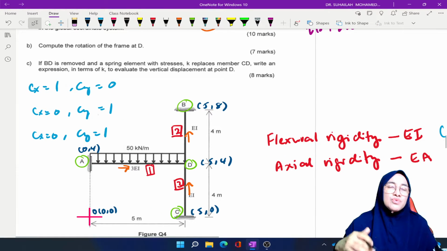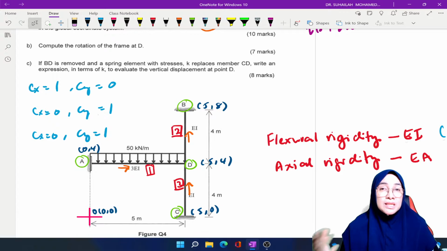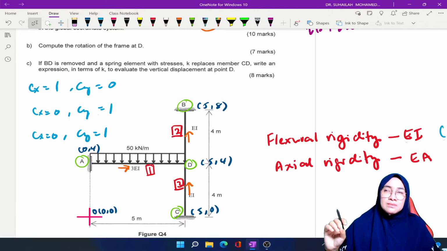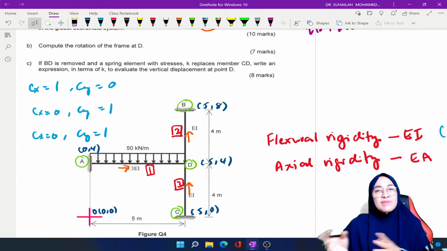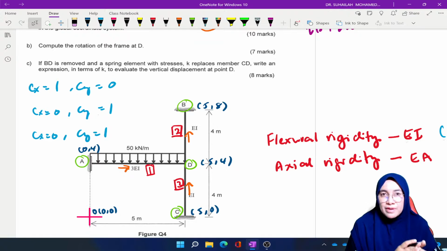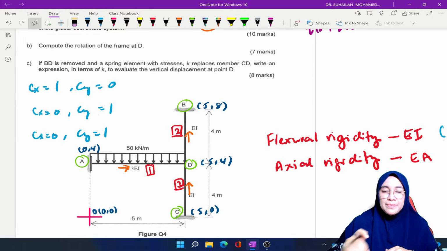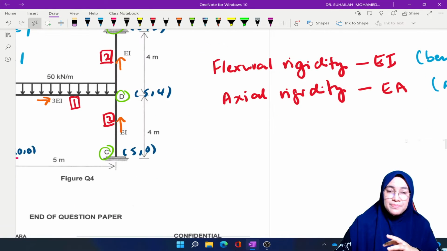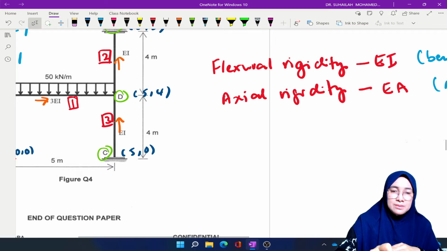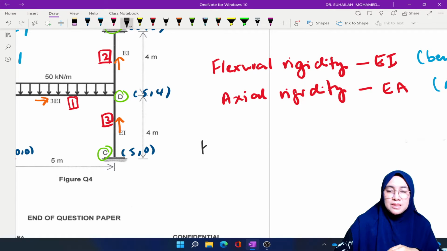The procedure to establish K1, K2, K3 is actually the same as what we have done previously in beam and frame, except the formula is different and the degree of freedom is also different, because the frame has 3 degrees of freedom per node, so we produce 6 degrees of freedom per element. So what is most important is the label. So we will have this K1.